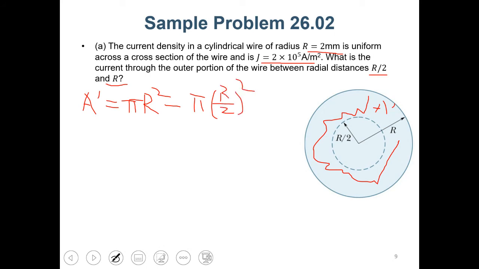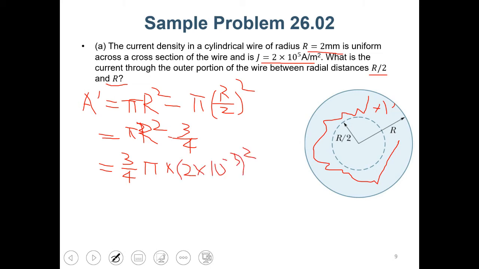So you only consider the outer ring. It is nothing but pi R squared times 3 over 4, which is 3 over 4 times pi times (2 times 10 to the minus 3) squared.